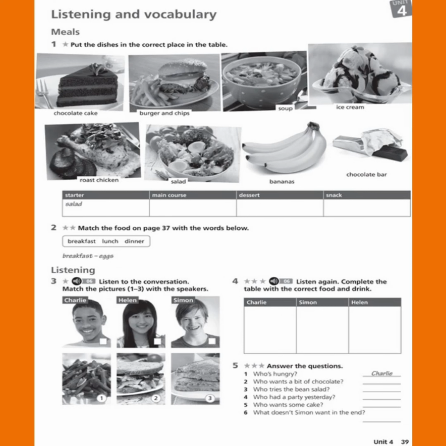Workbook page 39. Listening and vocabulary. Meals. Section 1. Put the dishes in the correct place in the table. Notice the table below the pictures. We have starter. A starter is a meal that is before the main course, and usually is light. Appetizer is also another name for the starter. It usually consists of, for example, a salad.